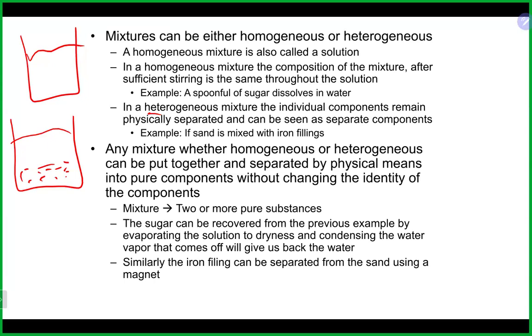So if I can get back all the original parts of my mixture, is making a mixture a physical change or a chemical change? It's a physical change. Although when you dissolve something it might seem like a chemical change just occurred because you can't see it anymore, it is still there. So for example, a couple of ways to separate things out: we'll do our sand and water mixture.